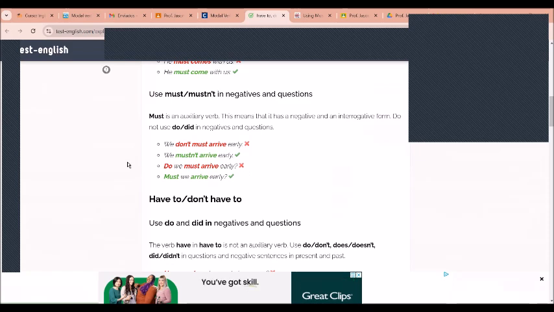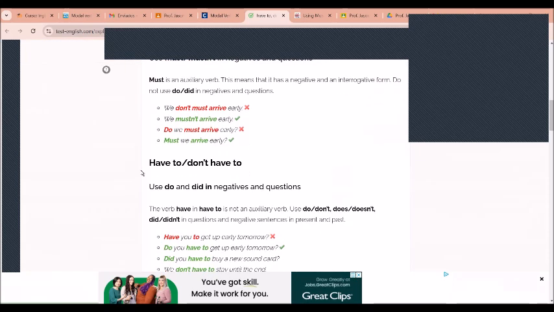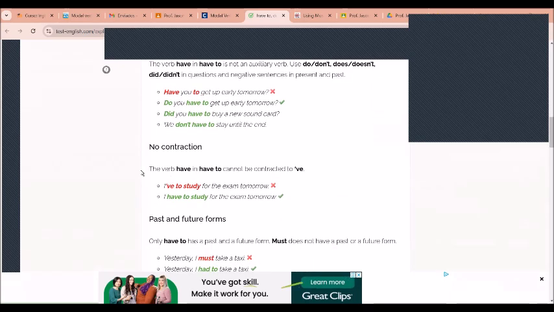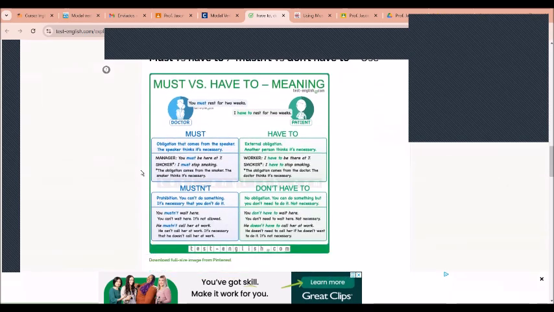This is my understanding of it, while have to is imposed by the outside. All right, so that's just the big differences between must and have to. Must, the obligation comes from the speaker, and have to, the obligation comes from another person.